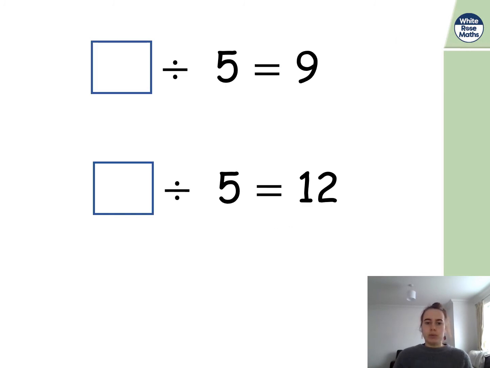So we have got some missing answers here. What is the first number in our division number sentences? Now, to work this out, we can also use our multiplication number sentences. So if you take the 5 with the answer, you can multiply those two together, and that will give you the whole answer.